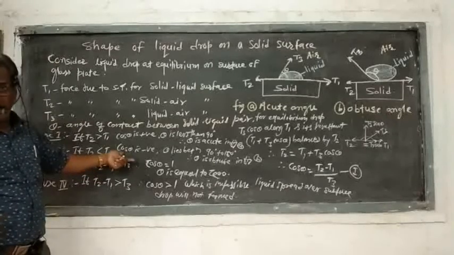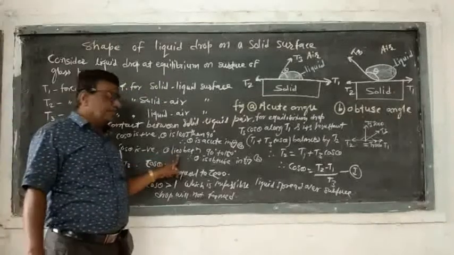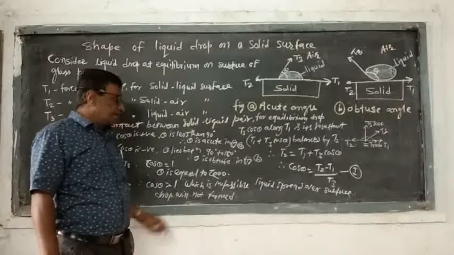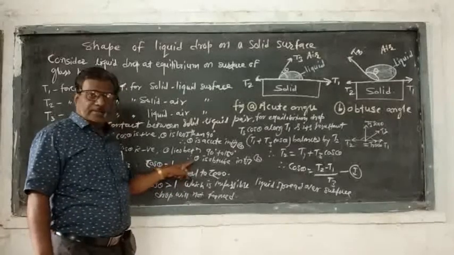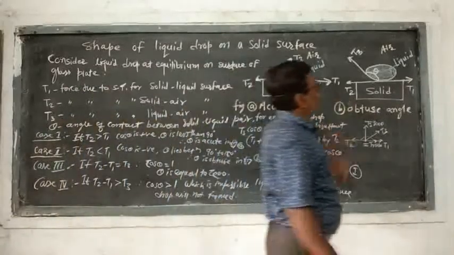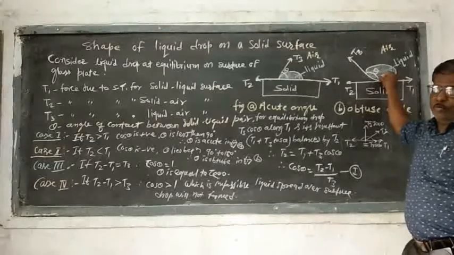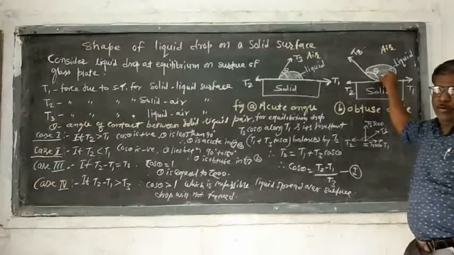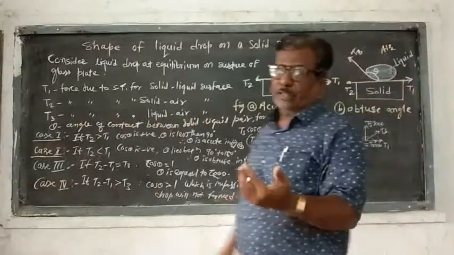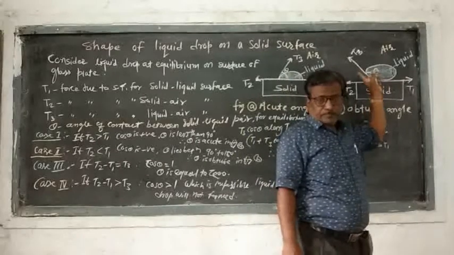When cos theta is negative, then that angle theta lies between 90 degree to 180 degree, that means theta is an obtuse angle, which is shown in figure B. This is the angle known as obtuse angle when we take a drop of mercury and place it on a glass plate, then we see this type of diagram.